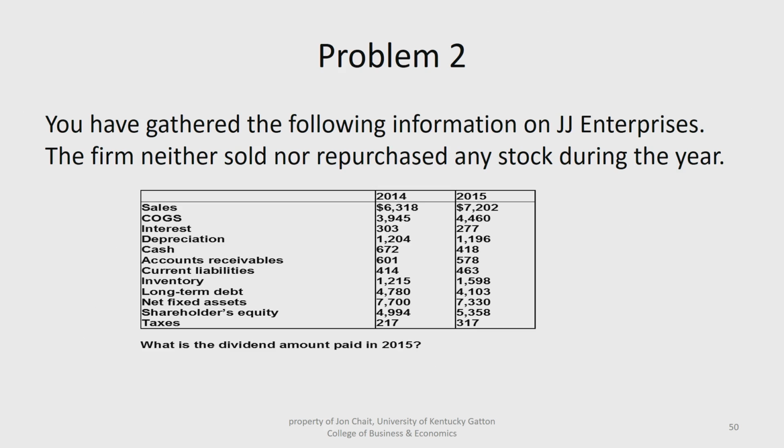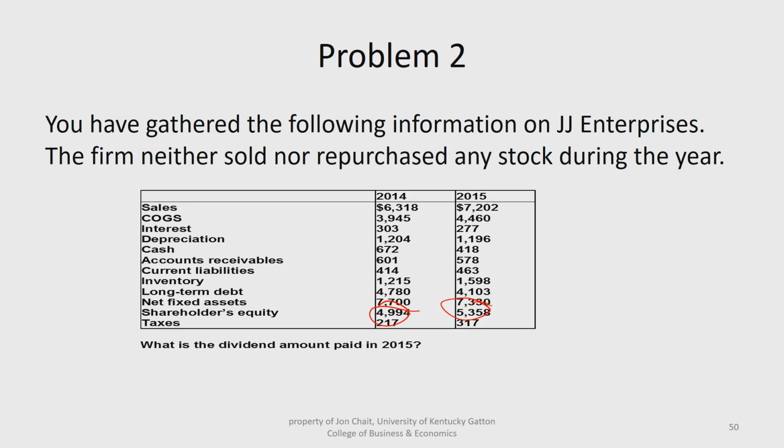This is a question where you're asked to calculate the dividend amount paid. So you want to solve for how much of net income was paid out, how much of net income went into retained earnings. And when you do these problems, you look at the change in retained earnings as one component.